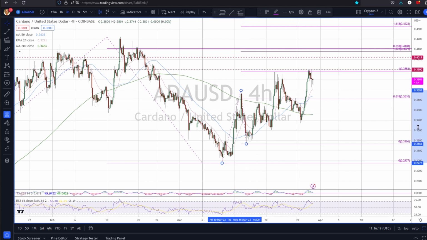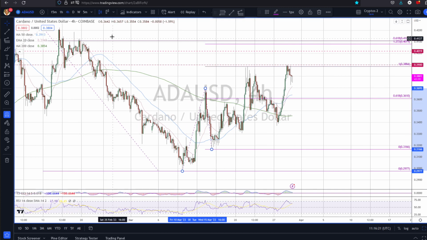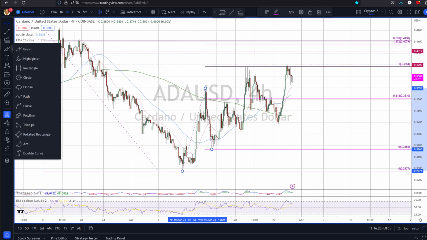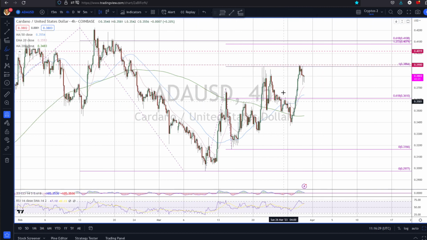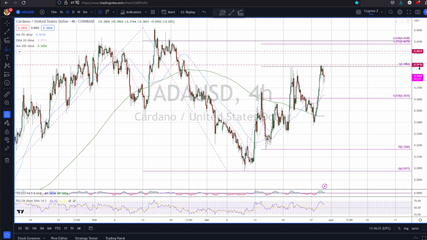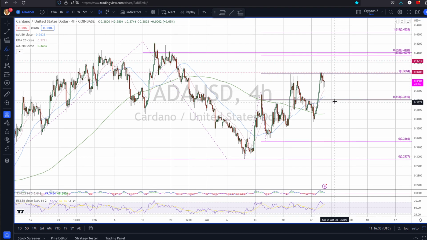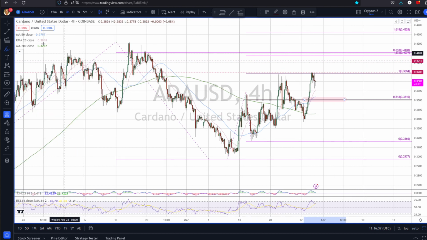This is potentially an equal measured move level in ADA. So short term, if we're going to have another go and tackle this nasty resistance zone, first off, we want to see a close above 0.3885. And our key trend support, a breakdown for me, would be a daily close back underneath 0.3610.